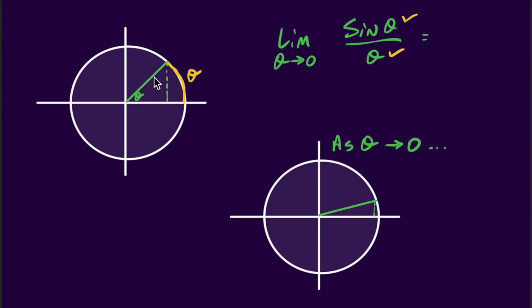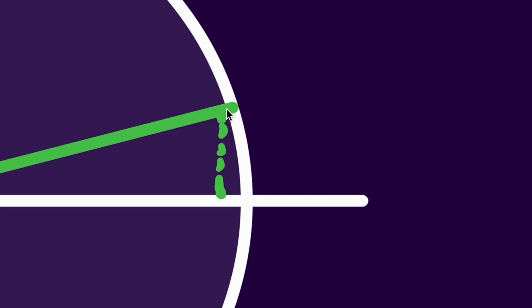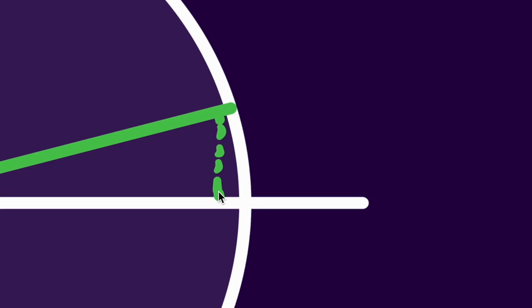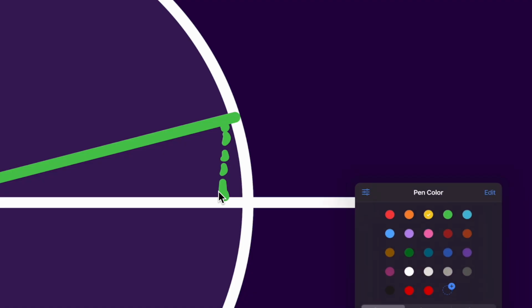As theta goes to 0, you have this scenario. Okay, so that's angle theta. It's getting smaller and smaller, approaching 0. Now, folks, look at our lengths. Here's the length of sine of theta. That's in our numerator. And look at the length of the arc. That's theta. That's in our denominator.